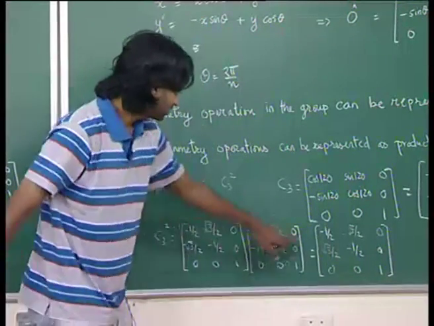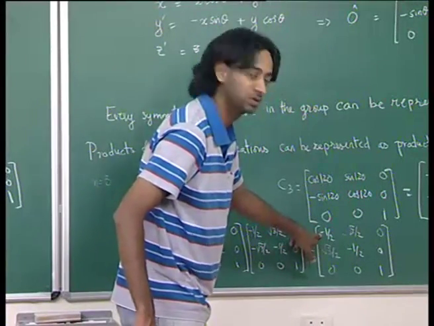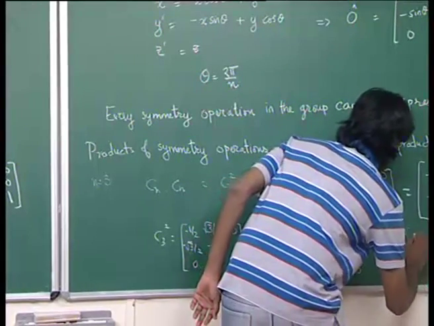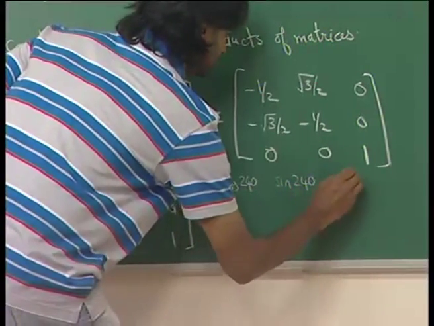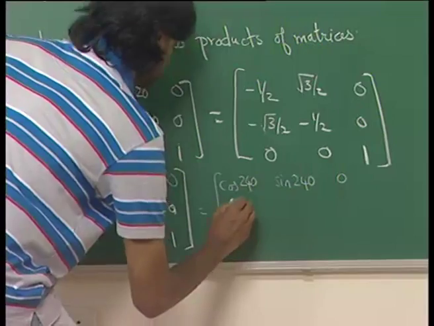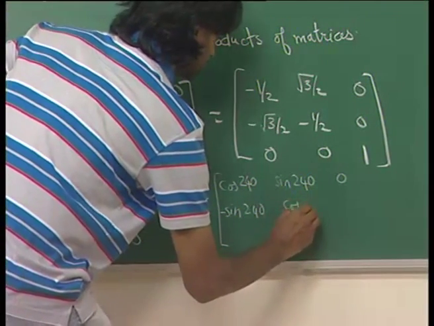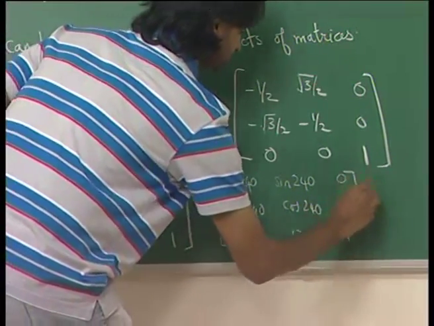Now, you can immediately look at this and see that this is cos of minus 120, or you can say cos 240, sin 240, 0; minus sin 240, cos 240, 0; 0, 0, 1.